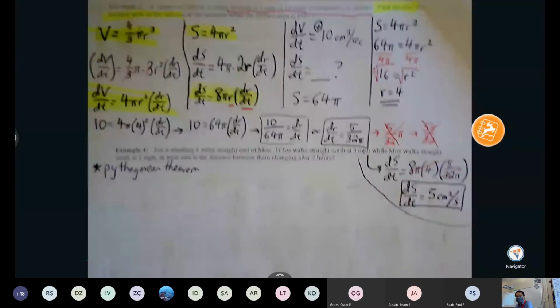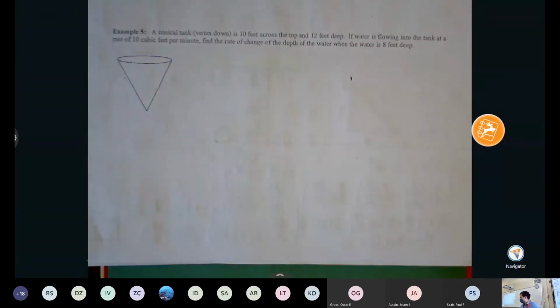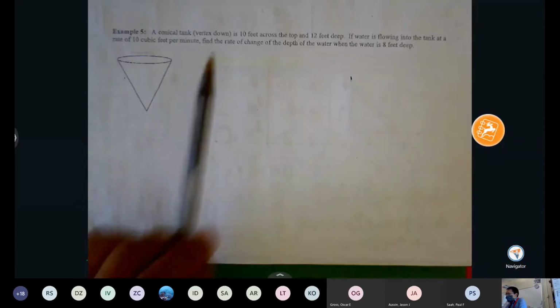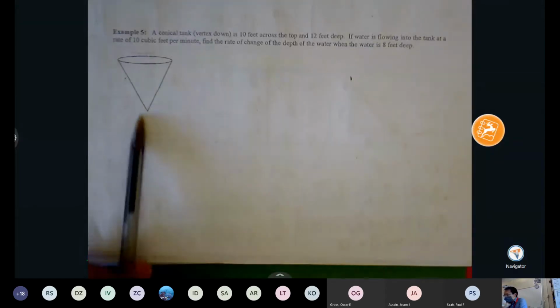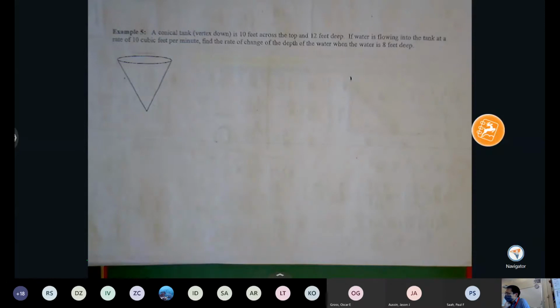All right, number 5. Okay, let's read the problem and then talk about this concept we're going to learn about here. So we have a tank that is vertex down, so pointing downwards, 10 feet across and 12 feet deep.